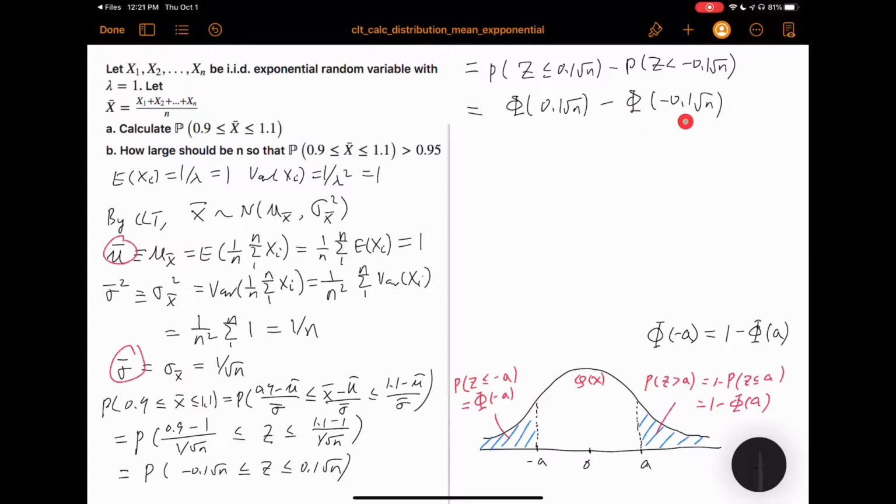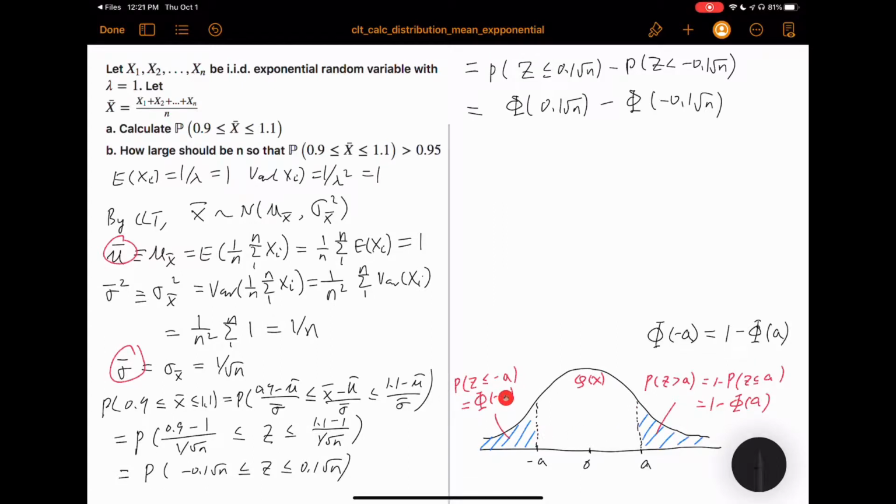We want to further simplify this, and we need to use this identity: phi of negative a is equal to 1 minus phi of a. Why is this true? This is because the density function of a standard normal distribution is symmetric. It's plotted here.